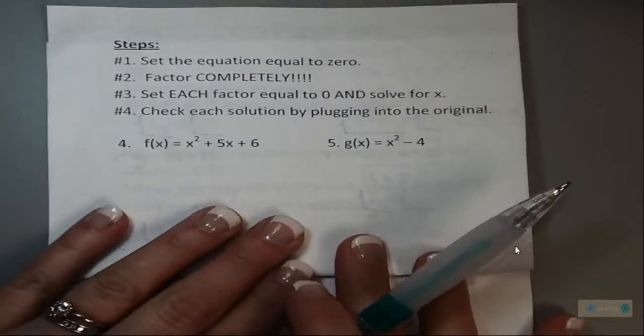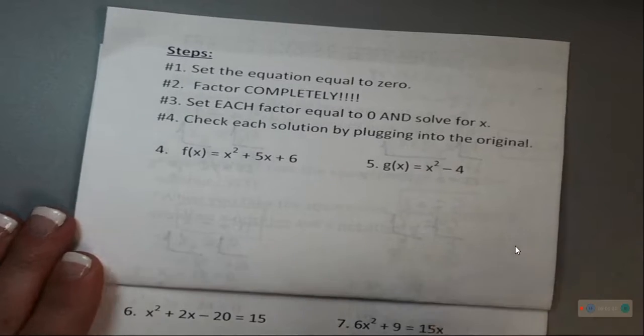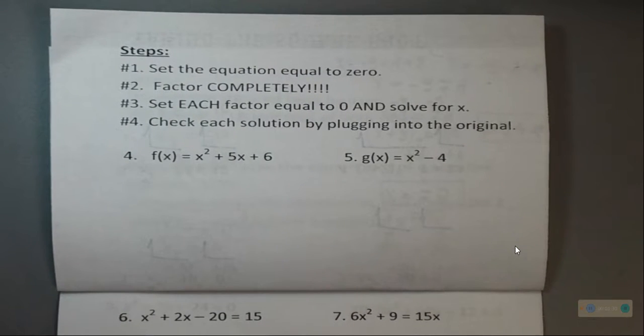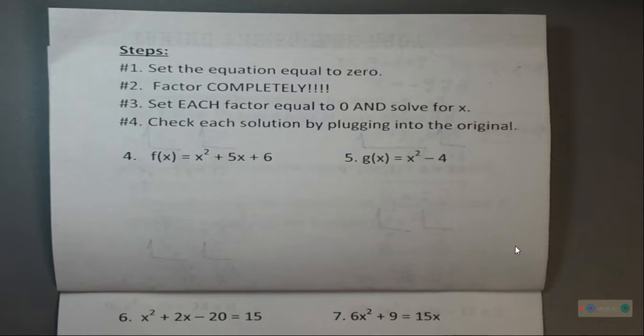So I want you to open to factoring. When you open up for factoring, you're going to see the steps, okay? The first step is to set the equation equal to 0. When I say set the equation equal to 0, that means get everything on one side so that it's equal to 0.